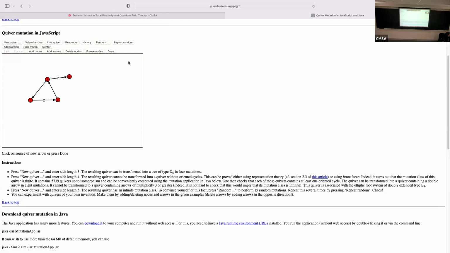Great. And now you can start mutating by just clicking on the nodes, and you will see how the quiver changes.